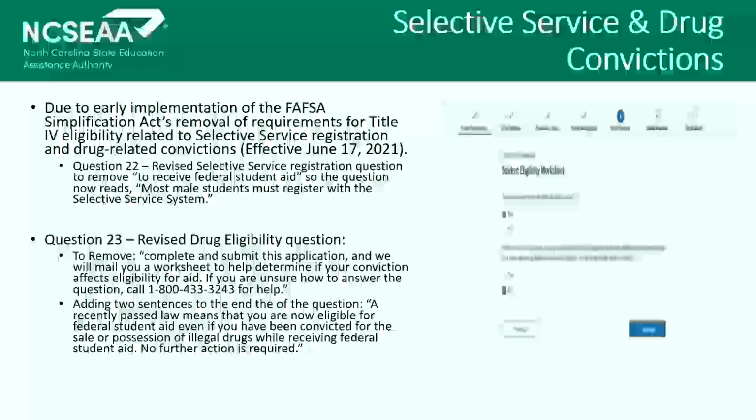It now reads at the bottom of the screen, a recently passed law means that you're now eligible for federal student aid, even if you have been convicted for the sale or possession of illegal drugs while receiving federal student aid. No further action is required. So now it's not prompting them to actually complete that worksheet. It just lets them know that although they may have been convicted, they can still receive federal student aid.